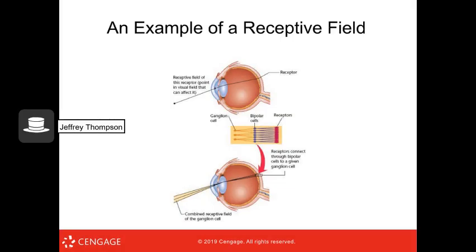Even though the receptor is only responsive to one point of light, the ganglion cells, because they're getting input from multiple receptors, have a wider receptive field, because one receptor might be saying, oh, there's light right here, but all the other ones are saying, oh, there's nothing. So these multiple receptors increase the width of the field because they're all sending yes or no signals.